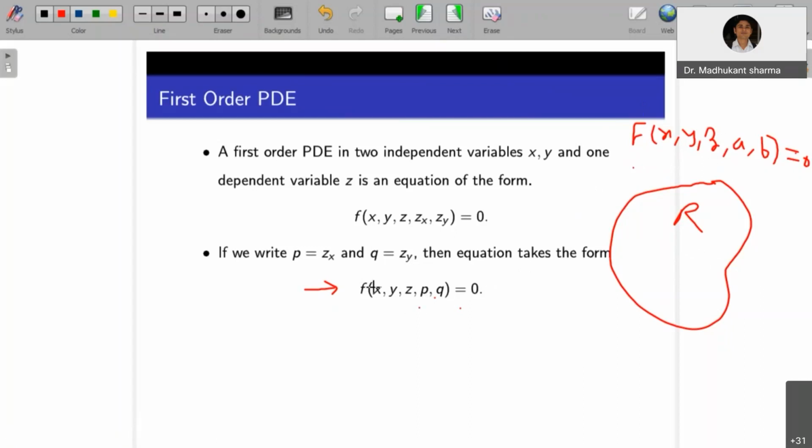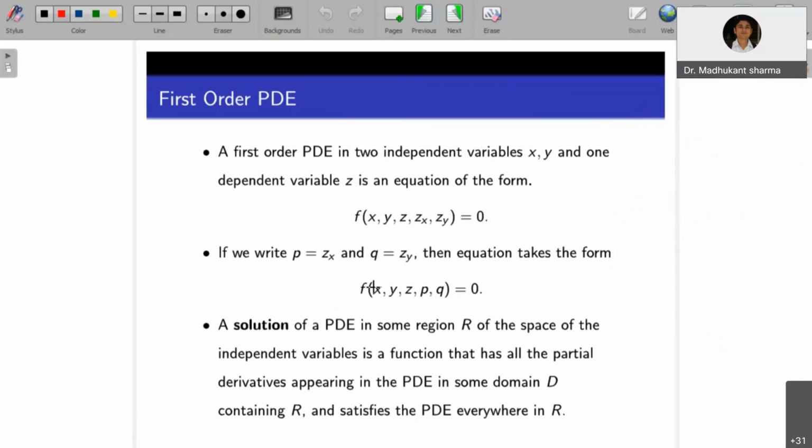The solution of a PDE in some region R of the space of the independent variables is a function that has all the partial derivatives appearing in the PDE in some domain D containing R and satisfies the PDE everywhere in R.